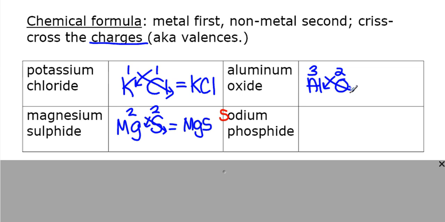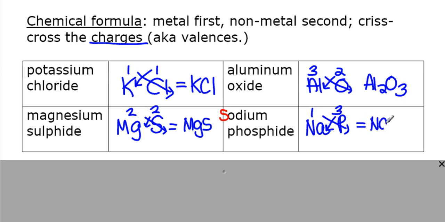Do your crisscross. And you have Al2O3. Last one, sodium phosphide, Na for sodium, P for phosphorus. 1 and 3 are the charges, and again you do the crisscross. So you should get Na3P.